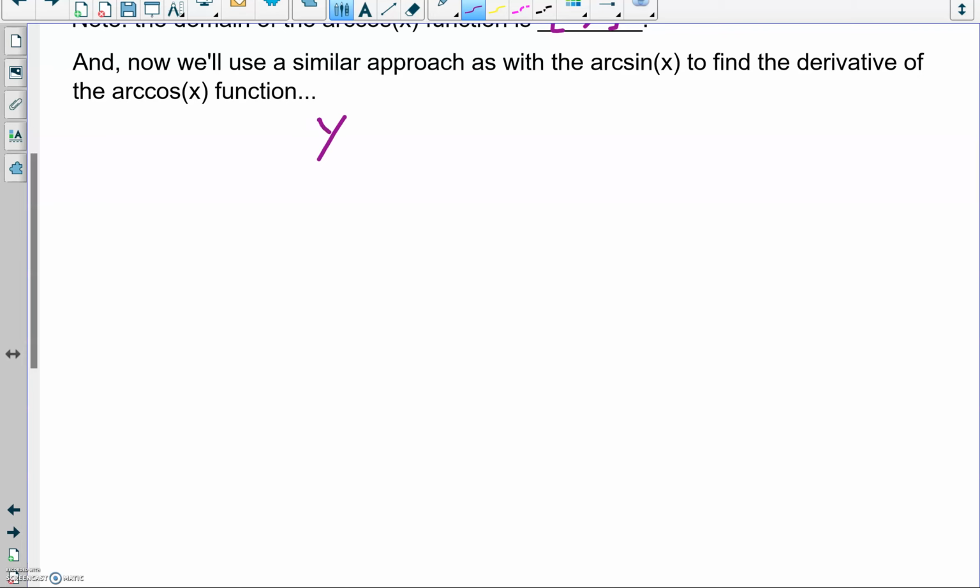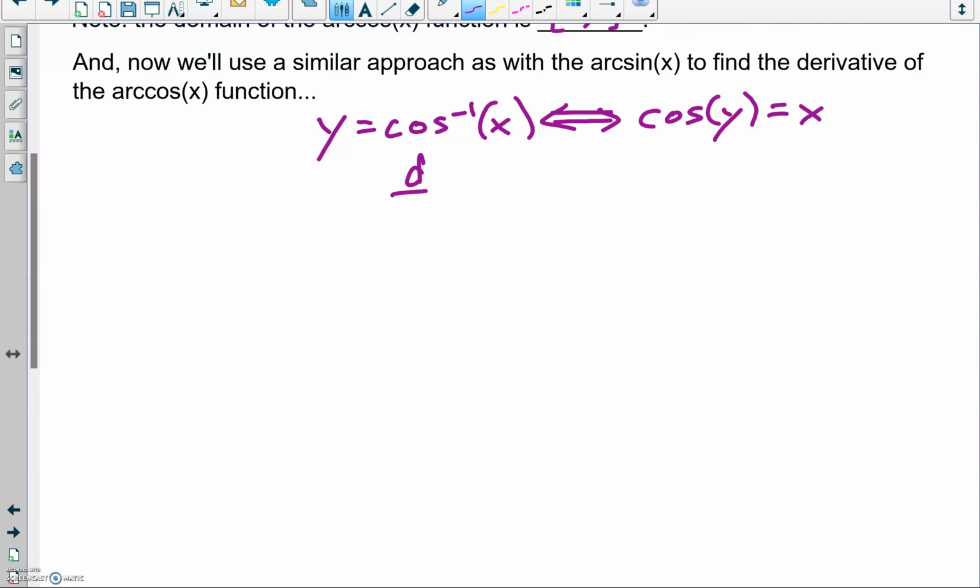That means we'll start out by letting y equal the arccosine of x. This implies that the cosine of y will equal x. Then again, we're using the implicit differentiation approach. So we'll have this cosine of y equaling x being differentiated with respect to x.